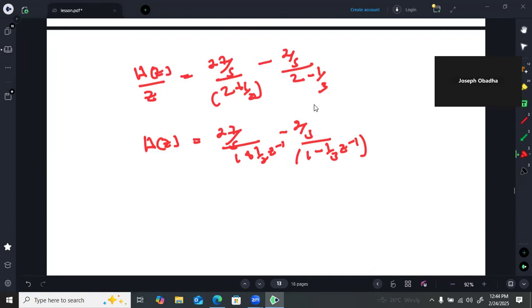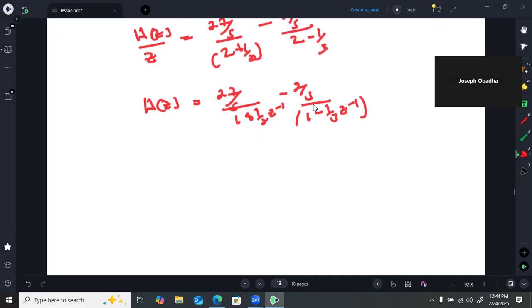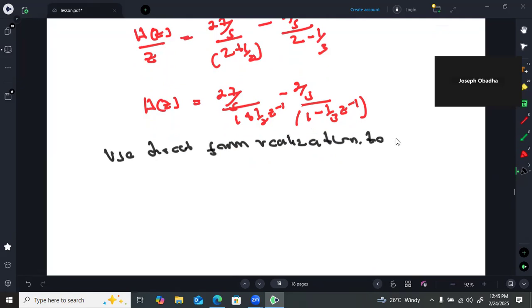Then now use direct form realization to implement each term. We have now done enough of the direct form two realization.